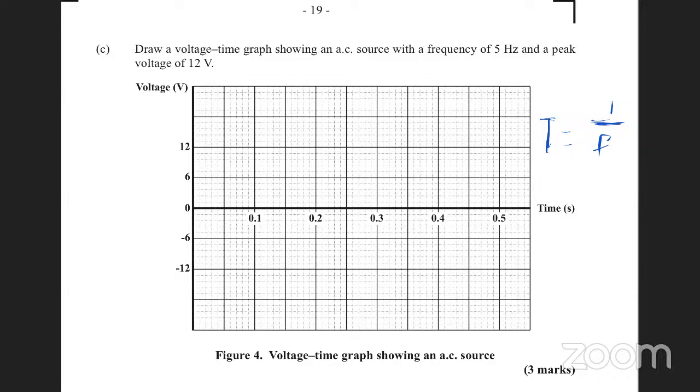Plot it quick. How many cycles could we probably fit in here? Maybe about two and something.